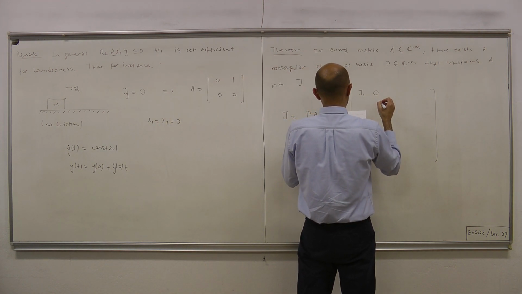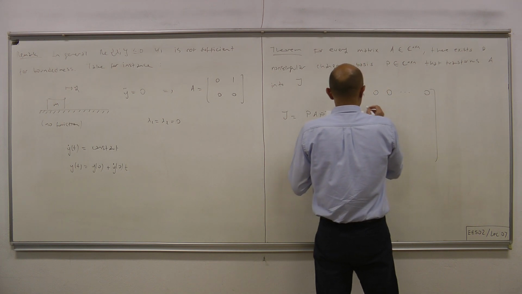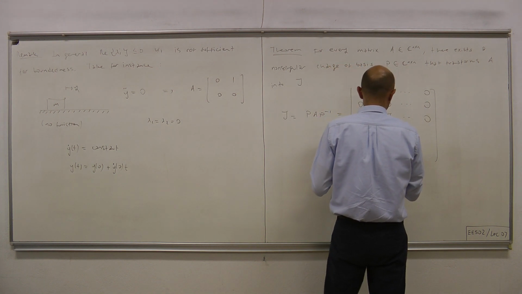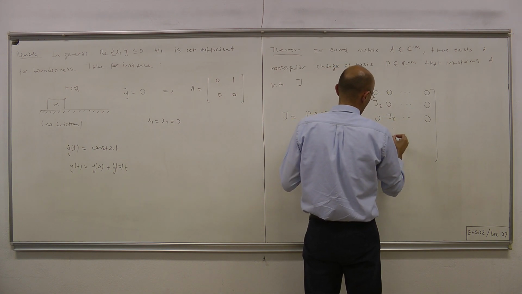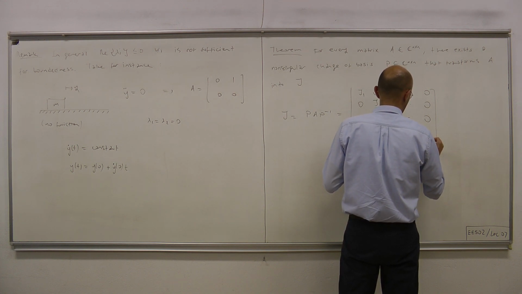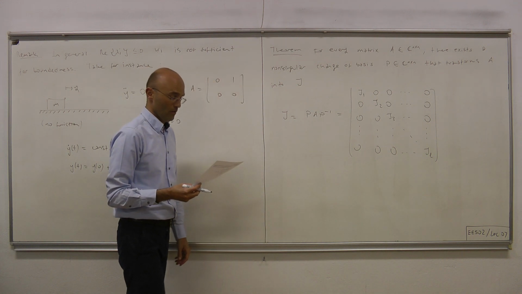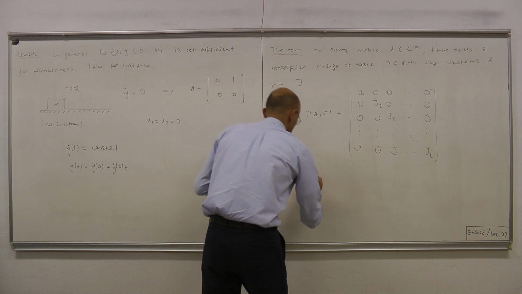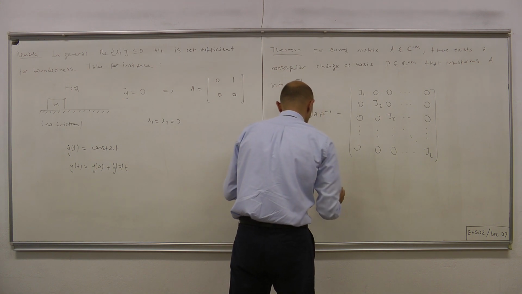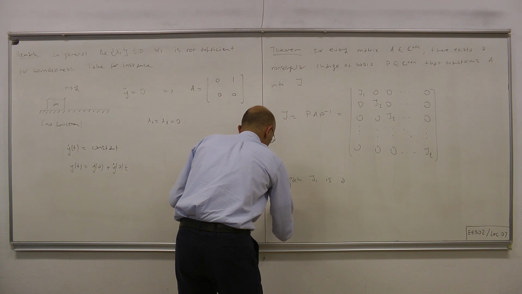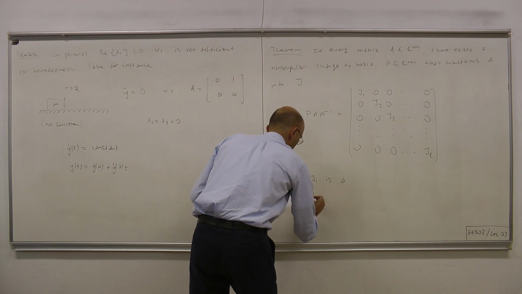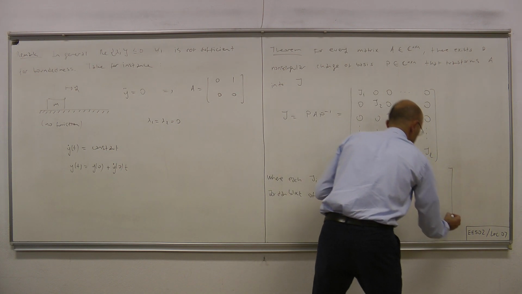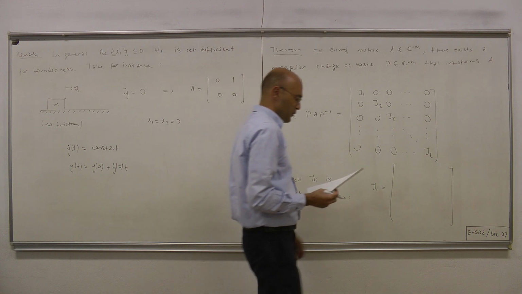After that transformation, we have this nice block diagonal form: J1, 0, 0, 0, J2, 0. We have J now, where each Ji is a so-called Jordan block of the form, a triangular matrix.